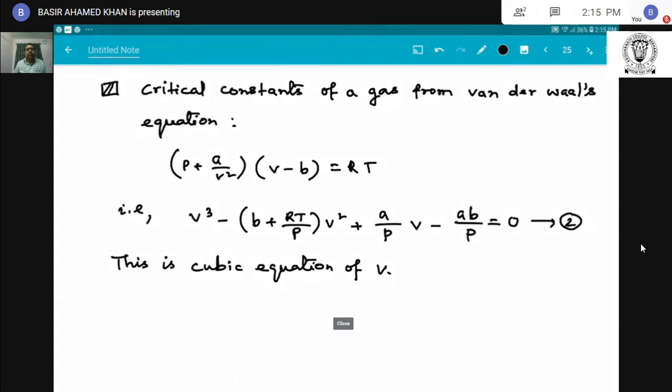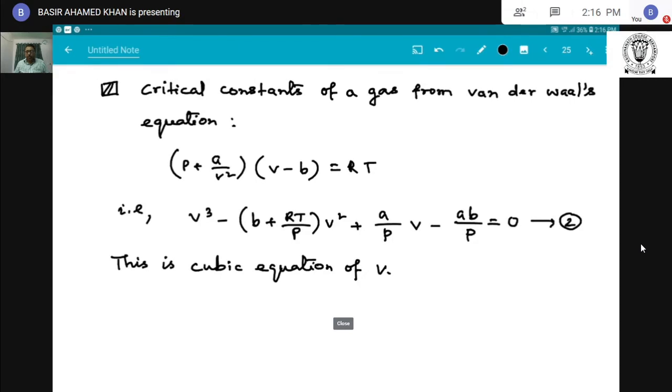Since this is a cubic equation of V, for a particular temperature and pressure we get 3 values of V. At the critical point, the 3 values of V become identical.